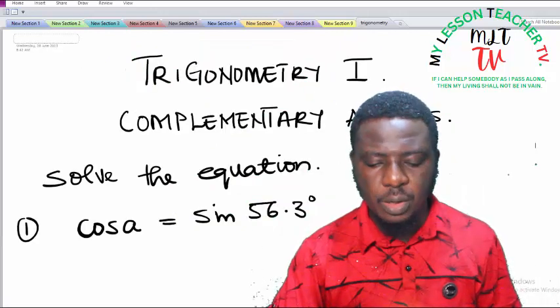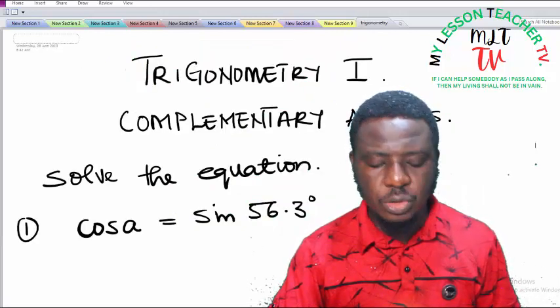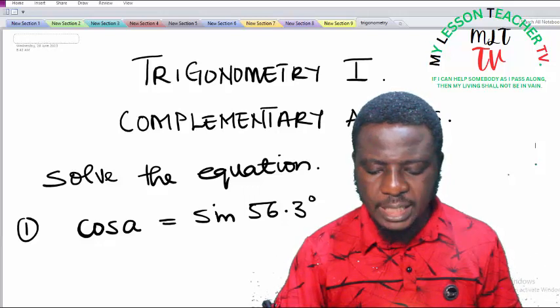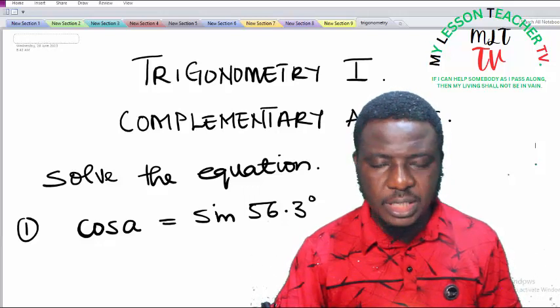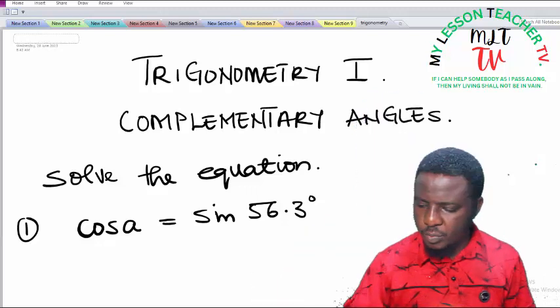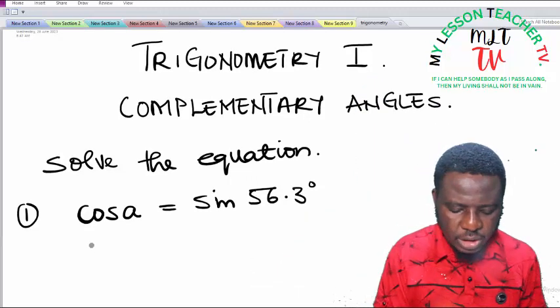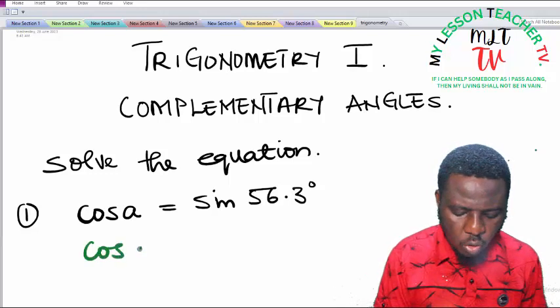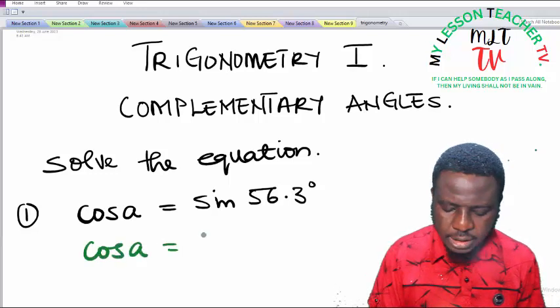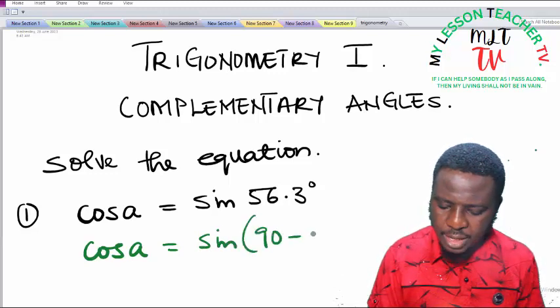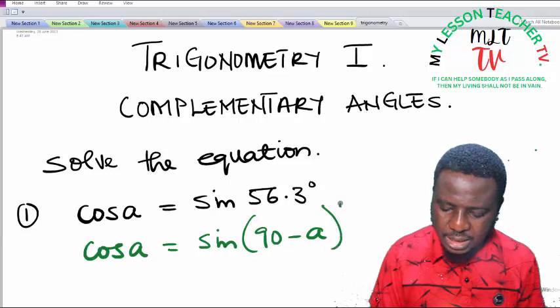In question 1, we are asked to solve the equation: if cos A is equal to sine 56.3, what is A? Using the trig identity, we have already established that cos A is equal to sine 90 minus A degrees.